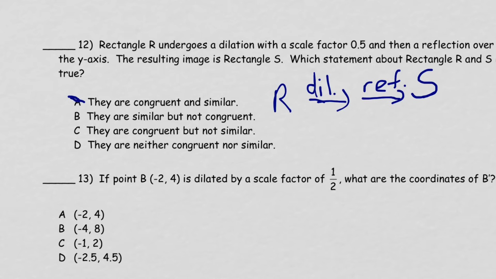B says they're similar but not congruent. That works for me so far. Let's check out C. They're congruent but not similar. They're definitely not congruent because R was dilated. And they're neither congruent nor similar is not right because they are similar. A dilation preserves shape and angle measure. And therefore the answer is choice B.